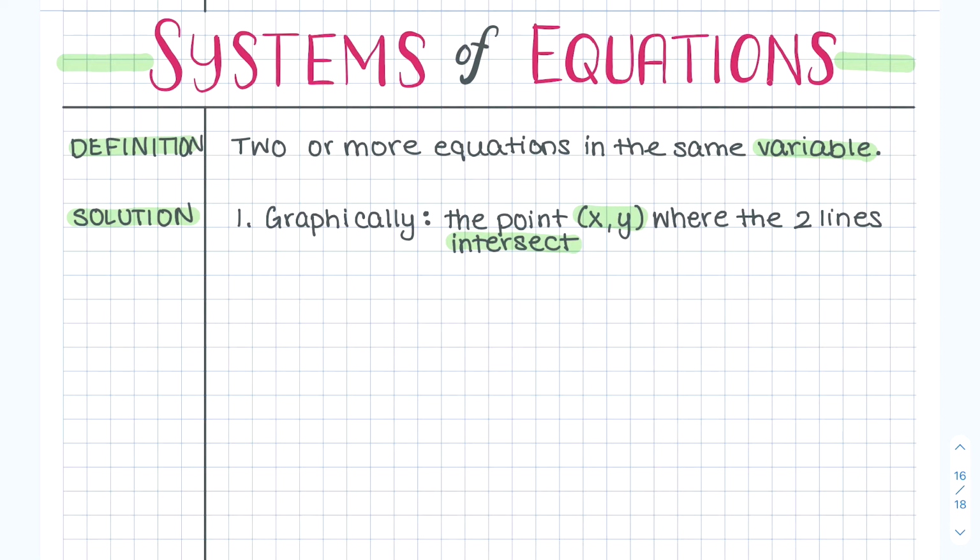The other way, for example, let's say I don't have a graph. The other way I can solve it is using algebra. I can solve it algebraically, okay? And that is going to be the point, and I'm going to find an x value and a y value, but I'm going to do it by doing algebra instead of graphing, right?